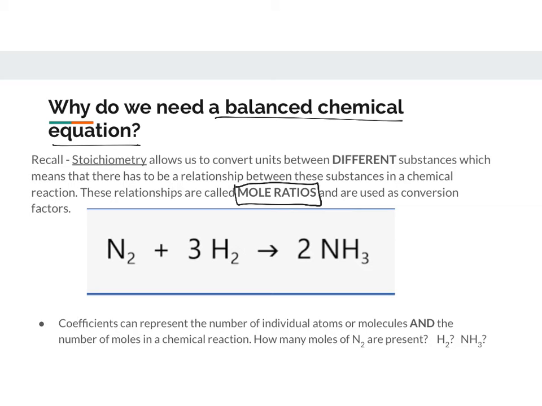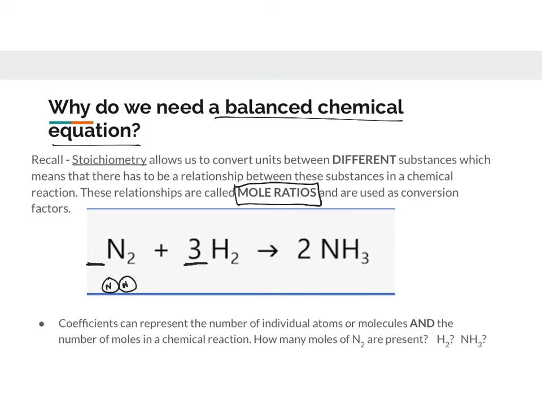To balance it, we did a couple diagrams or models. I could say that N2, so if this is an N atom and I have 2 of them, remember that it's a diatomic element, so I only have 1 molecule of this N2. So these are connected, this is 1 molecule, because I don't have any coefficient here, so that tells me I have 1.